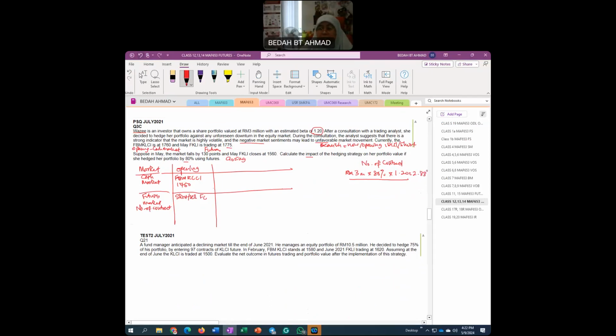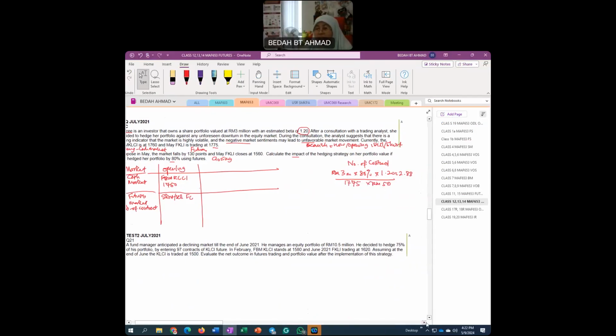2.88 million, and divide by the index point, current futures 1775, multiplied by the contract size of 50. So 1775 multiplied by 50 is 88,750.